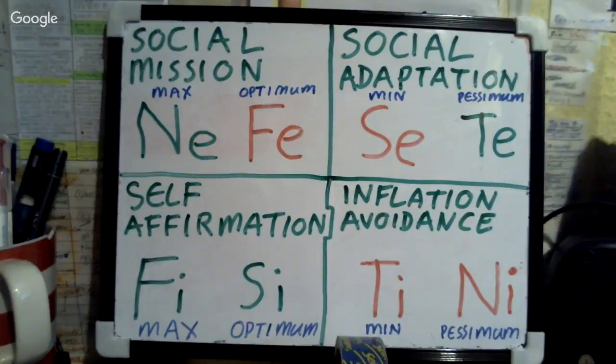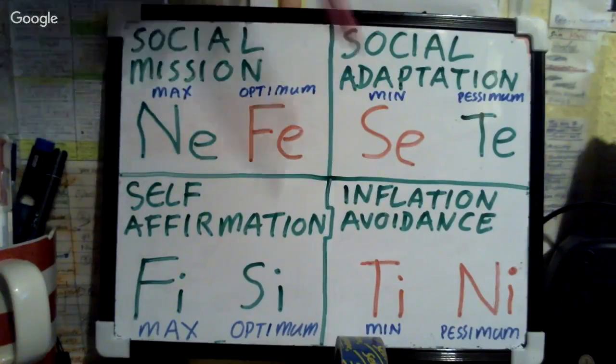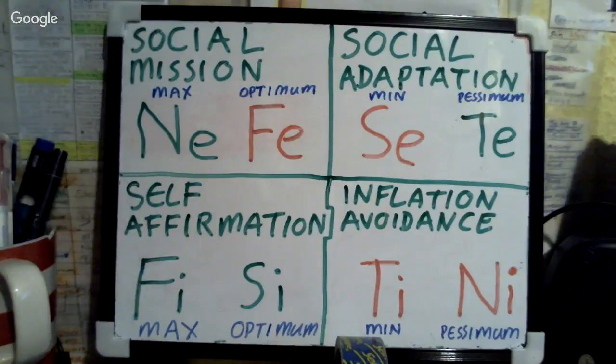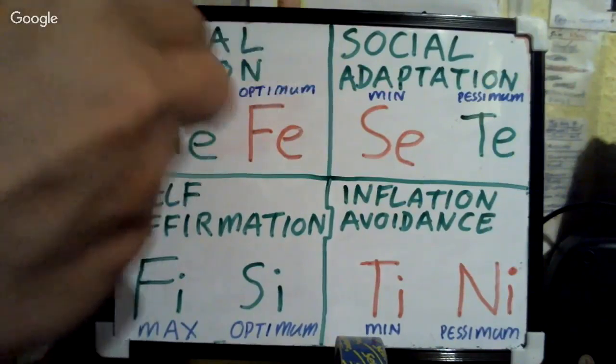So one of the things that's in the Keirsey profile is that the ENFP can get caught between wanting acceptance and approval from others, the FE part, and authenticity, the FI part. So the idea here is a social mission.